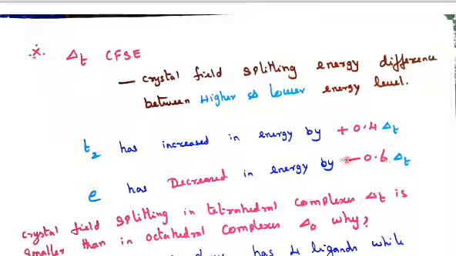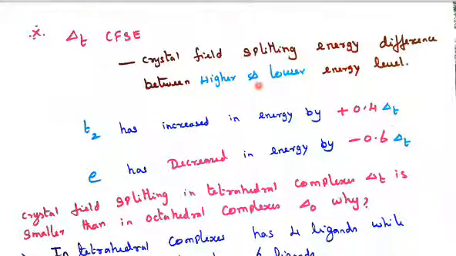A very important point: delta T is the crystal field splitting energy, the difference between the higher and the lower energy level, which you are supposed to write. Then mention T2 has an increased energy by plus 0.4 delta T and E has a decreased energy by minus 0.6 delta T.